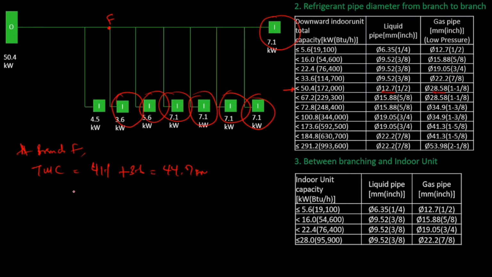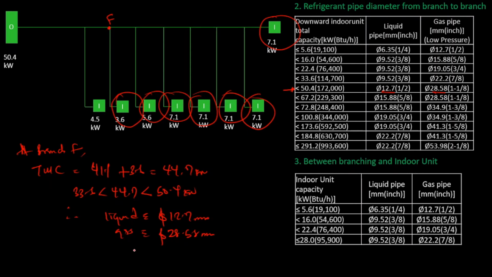So 33.6 is less than 44.7, which is less than 50.4 kilowatts. Therefore the correct liquid pipe size to use is 12.7 millimeters, and again the right gas pipe size to use is 28.58 millimeters. All right, so that's for branch F.